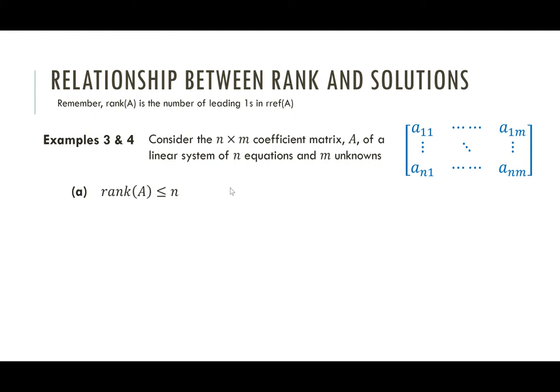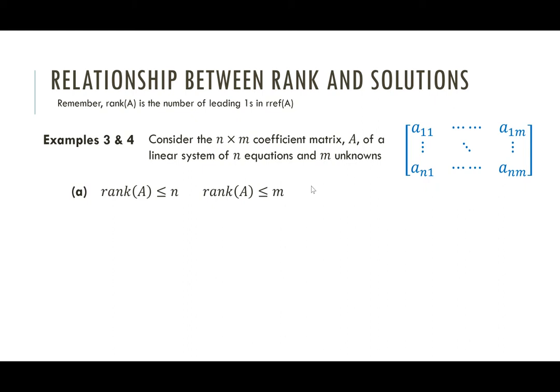Remember, a leading one is the first non-zero entry in the row of the reduced row echelon form, so there's going to be at most one leading one per row. The number of leading ones is also less than or equal to the number of columns.